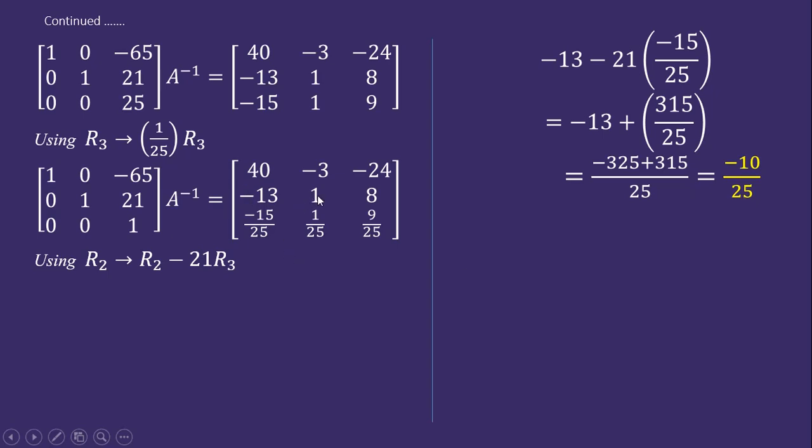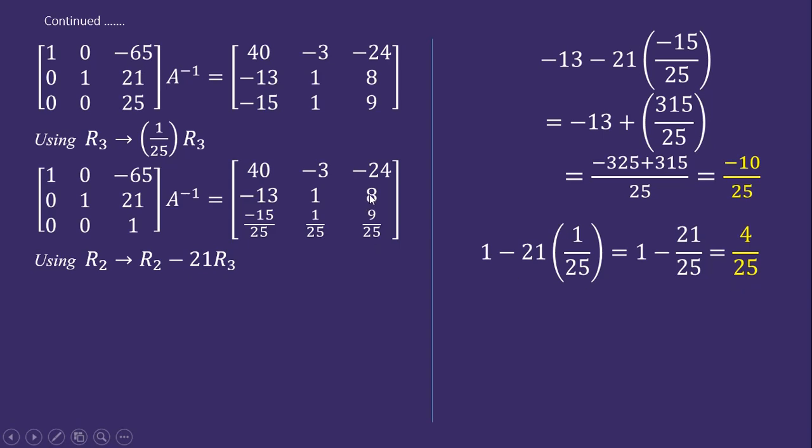Now in R2 minus 21 R3, 1 minus 1 upon 25. So 1 minus 21 into 1 upon 25. So 1 minus 21 upon 25, that is 4 upon 25. So in place of this 1, we now write 4 upon 25.